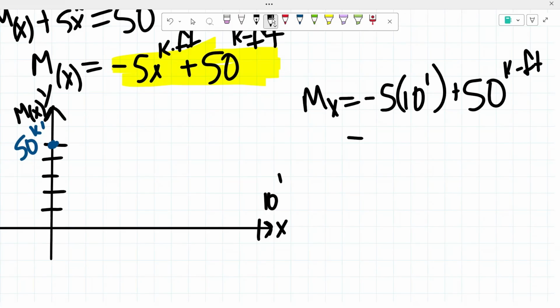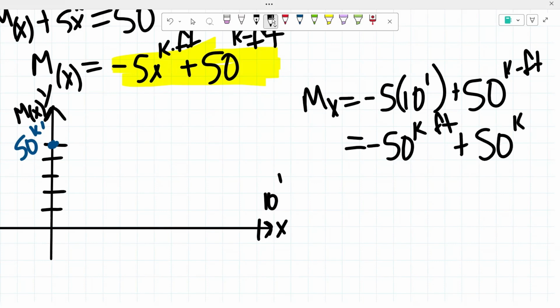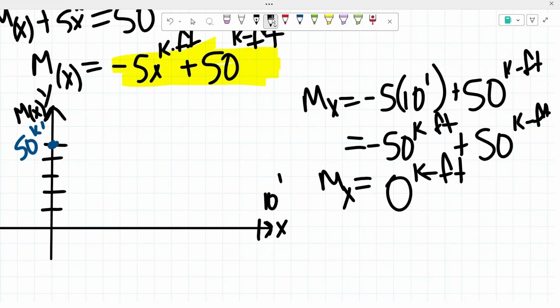So from there, if we were to solve, we would get negative 50 kip feet plus 50 kip feet. That means that our moment at the length of 10 feet is equal to 0 kip feet. So our moment right here at the 10 feet would be 0.